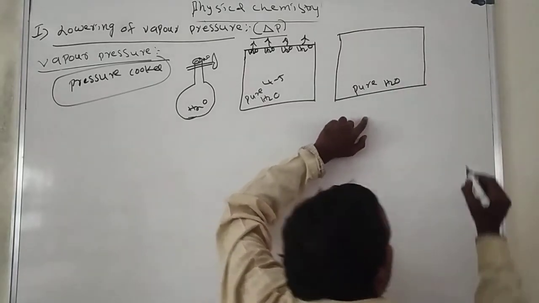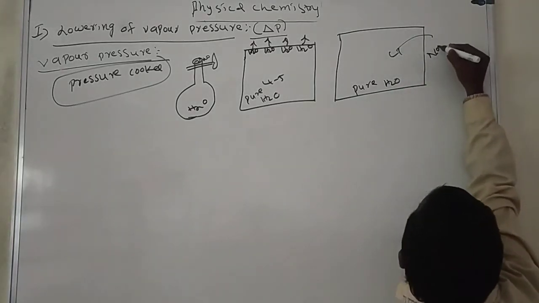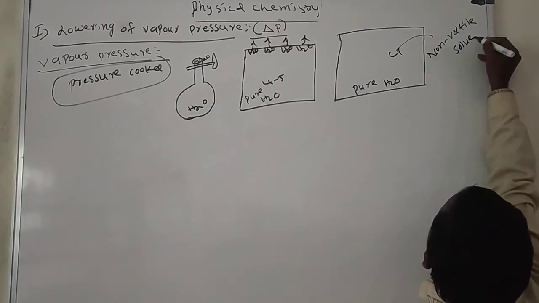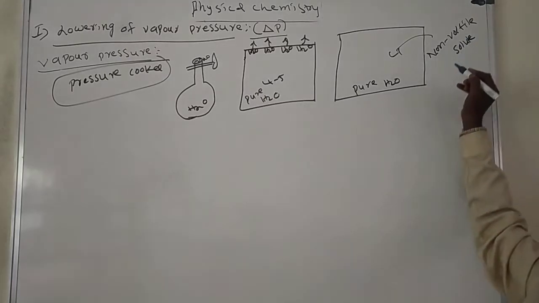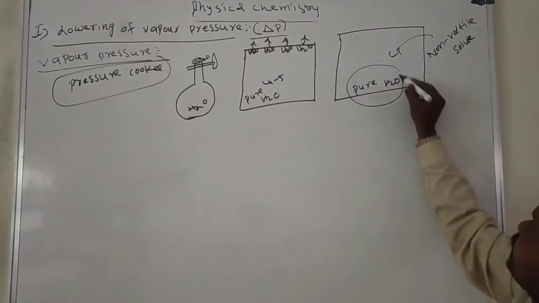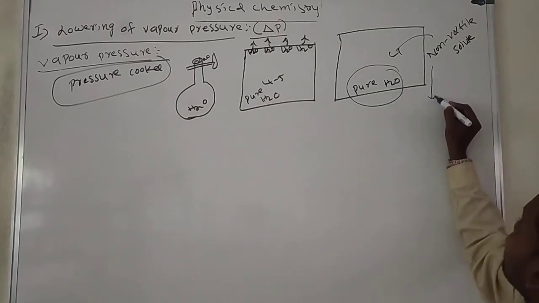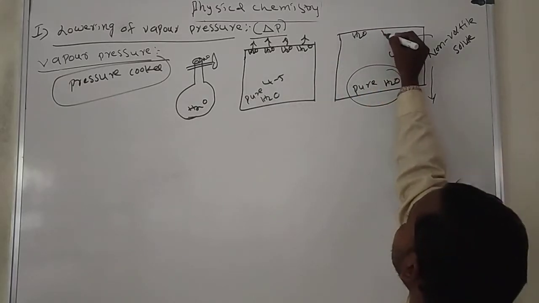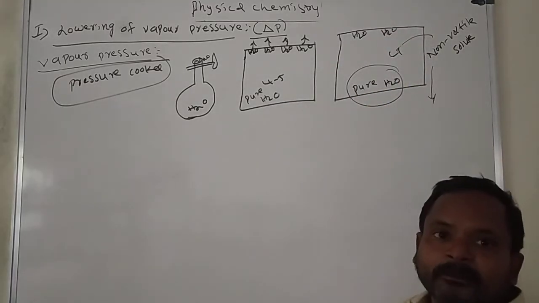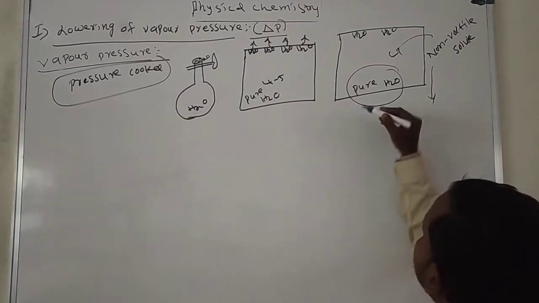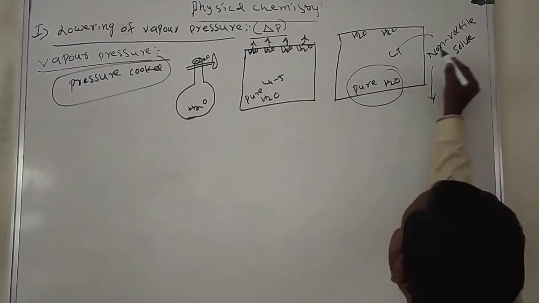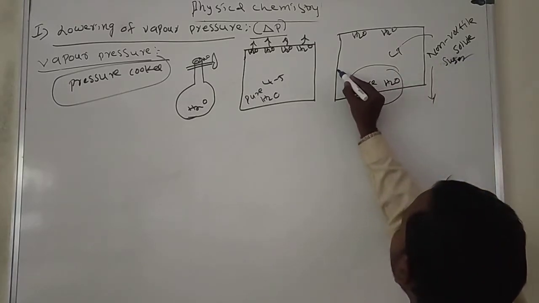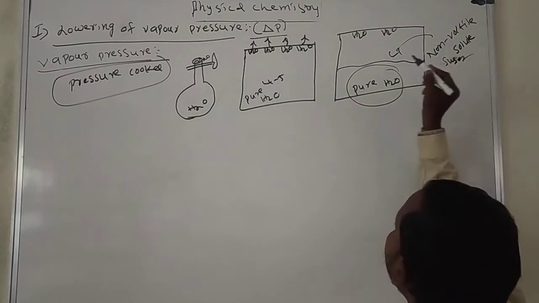Just take pure water and add a small amount of non-volatile solute. The vapor pressure of this pure liquid decreases. Here 4 molecules cause vapor pressure, now here only 2 molecules cause the pressure. Why? We add non-volatile solute now, for example sugar. What happened? This is the surface area of water.